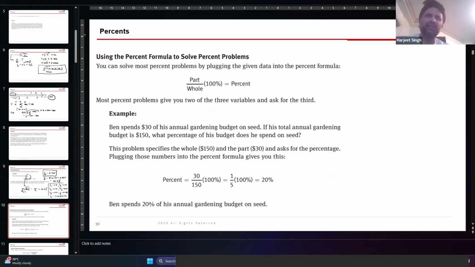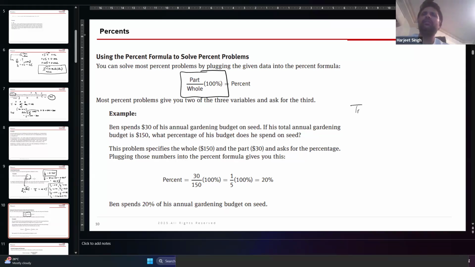So percentages are also used to find the relationship between the parts and their wholes. For instance, Ben spends $30 of his annual gardening budget on seed. If his total annual gardening budget is 150, what percentage of the budget is spent on seed?